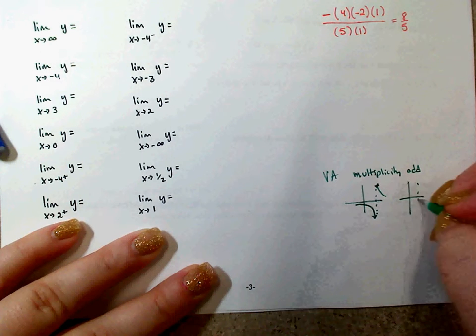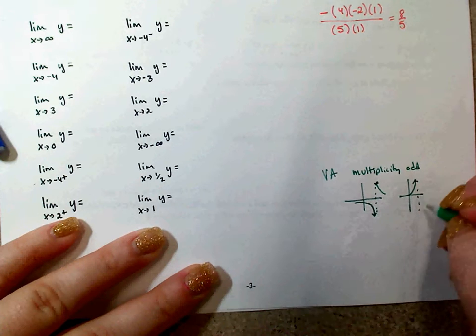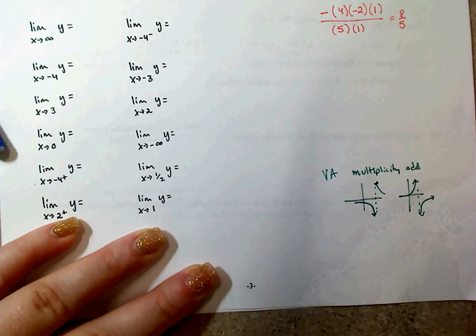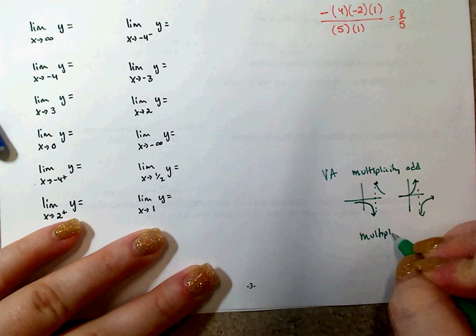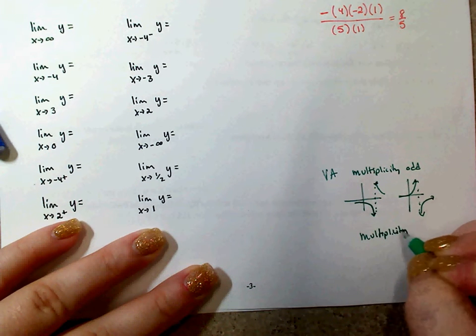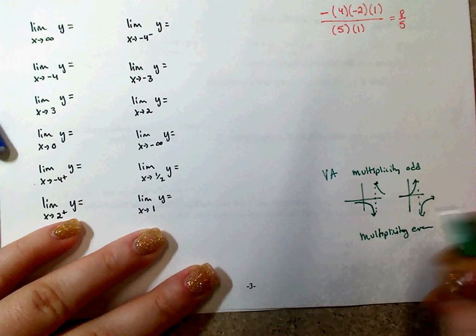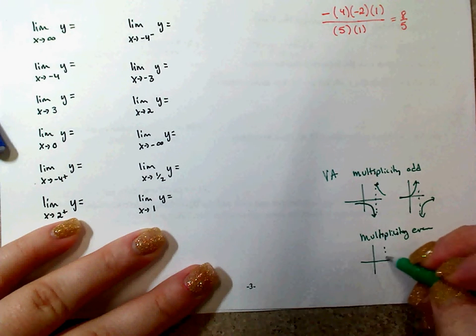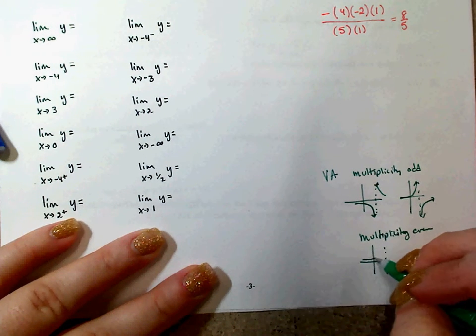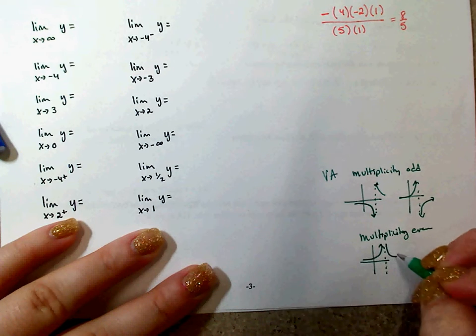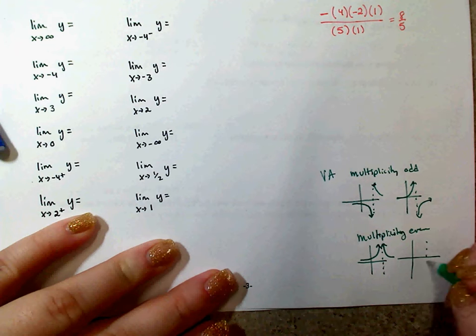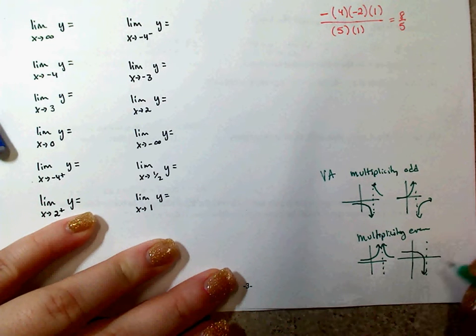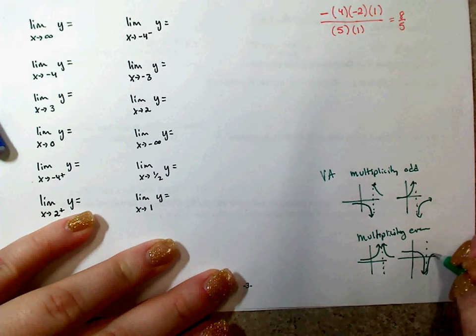And vice versa, if it goes up on this side, then it's got to be coming from negative infinity on that side, okay? But if your multiplicity is even, then when you approach the vertical asymptote from this side, say it's going up, it has to leave from up there, okay? And if they're both going down, then this has to be coming from there as well, okay?